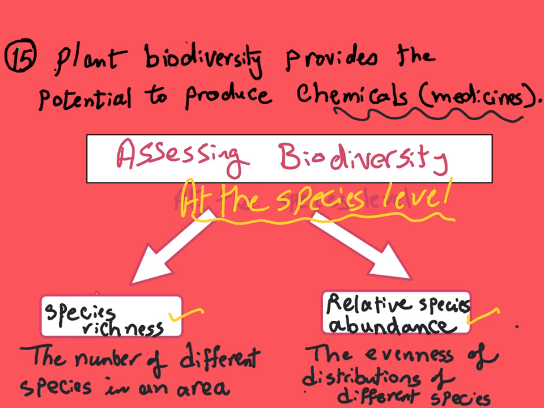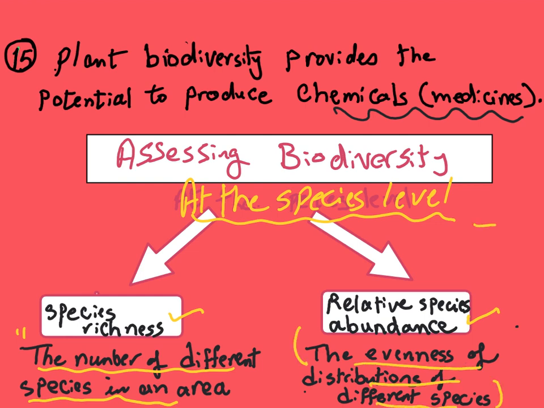Richness means many: the number of species in an ecosystem. So the variety of different species in an ecosystem, we call this species richness. Relative species abundance: it's one species and you are looking for the abundance of the species. We mean the evenness of the distribution of different species in an ecosystem.